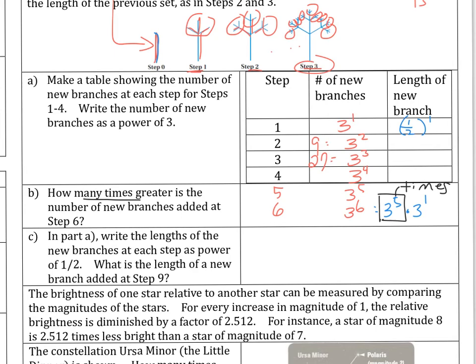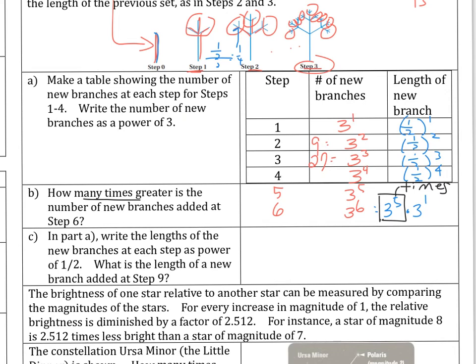And in step 2, the length of the branch here is going to be cut in half again. So that will be 1/4. So I can write that as half squared. And the pattern continues. Half cubed and half to the 4th power.